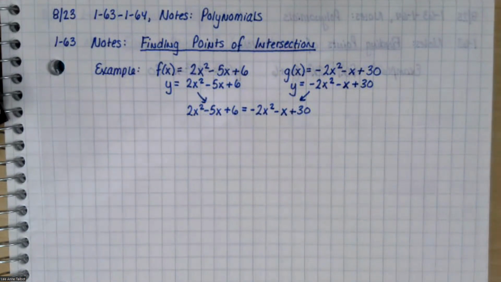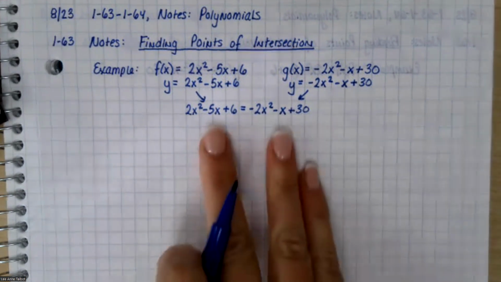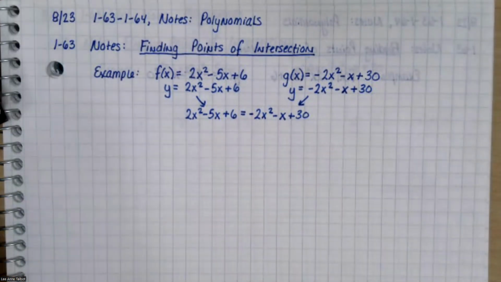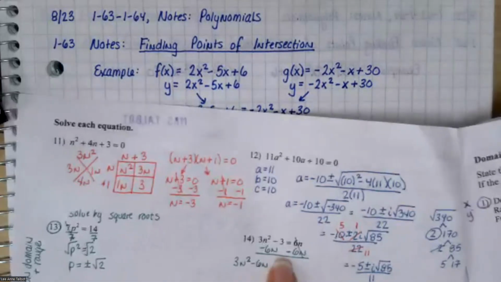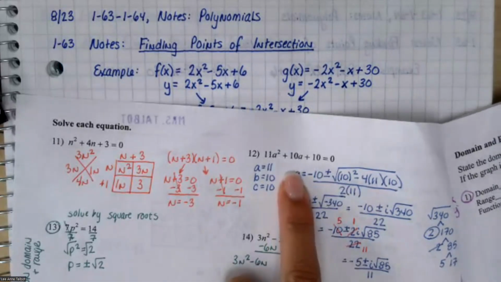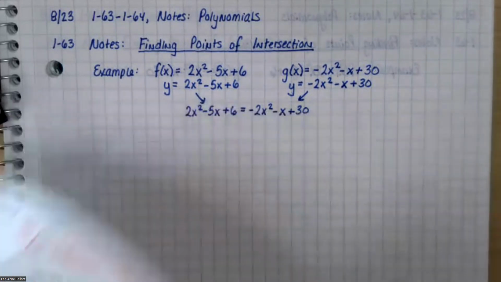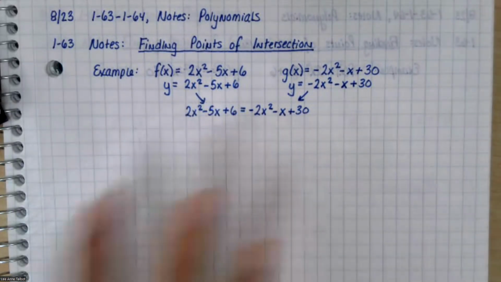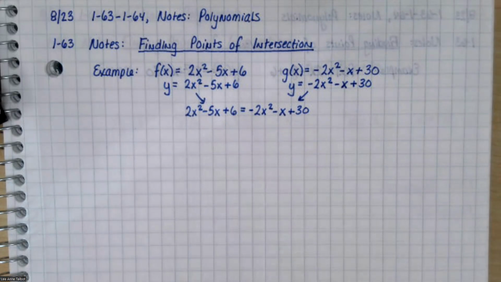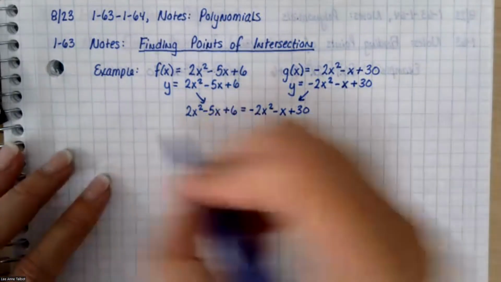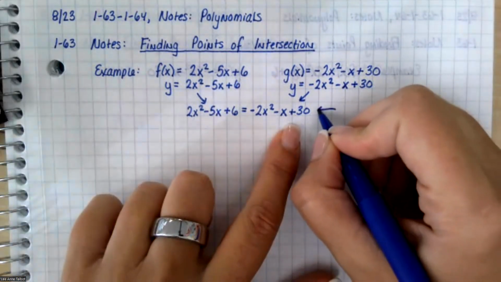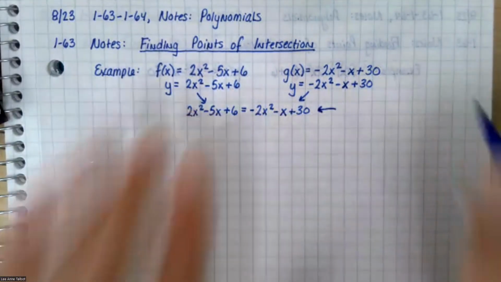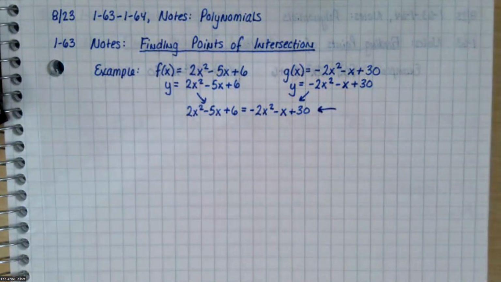Okay, now what we have is a quadratic equation. It's just like this guy here, or this guy here. It's just that there are combinable terms on both sides, so I need to get everything to one side. I'm going to move all of this stuff over here, but this is going to be a very specific move. I want you guys to try to keep the x squared term positive.